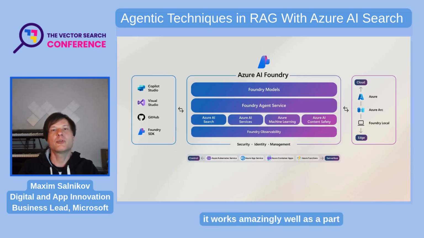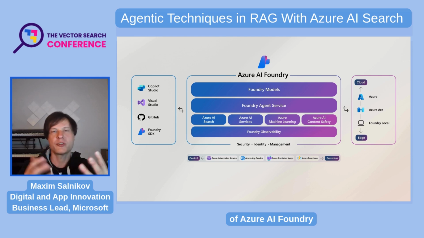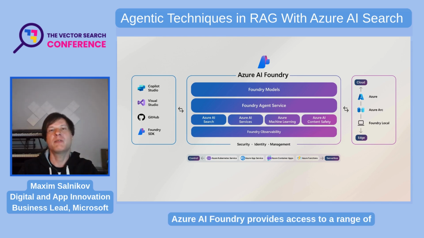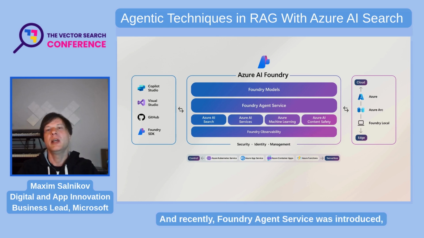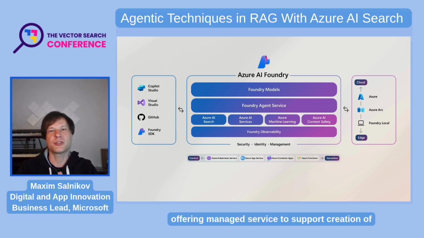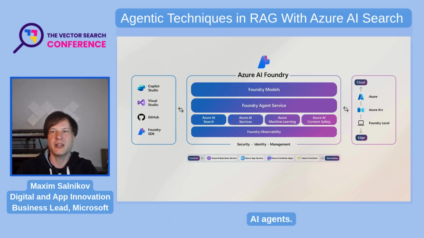And of course, it works amazingly well as a part of Azure AI Foundry project. Azure AI Foundry provides access to a range of models, including those from OpenAI, Mistral, Llama, and many more. And recently, Foundry Agent Service was introduced, offering managed service to support creation of AI agents.